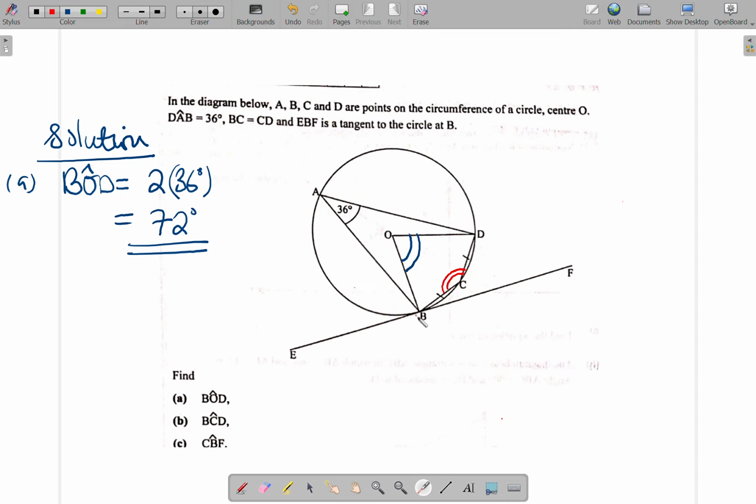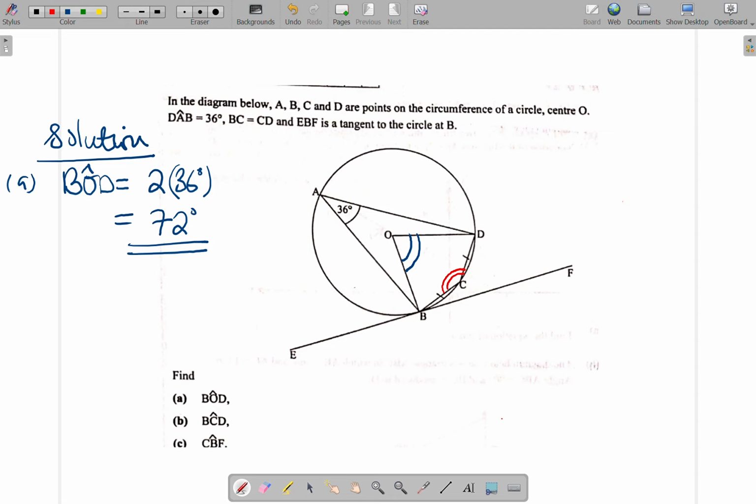So this point here, 1, 2, 3, 4. All the 4 points touching the circumference. What can we say? The opposite angles of a cyclic quad add up to 180 degrees. So meaning the angle at A and the angle at C, when we add them, they should give us 180 degrees.